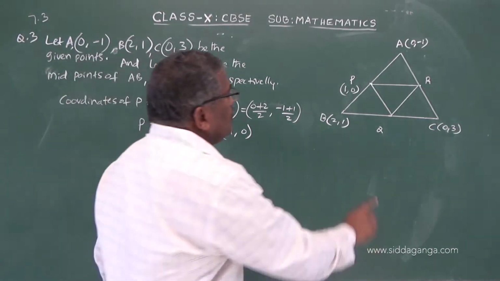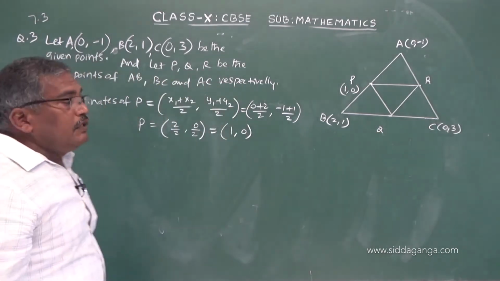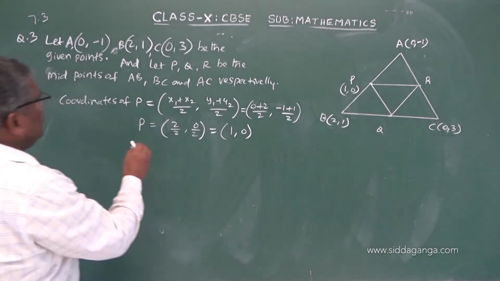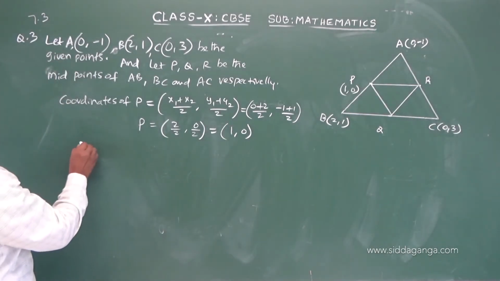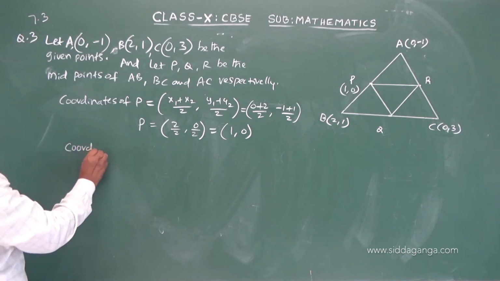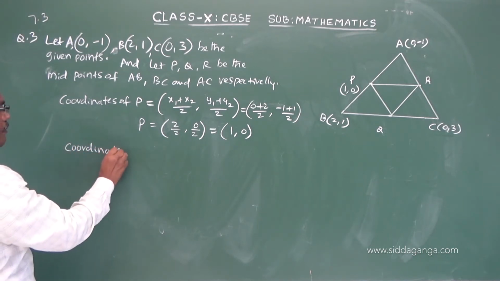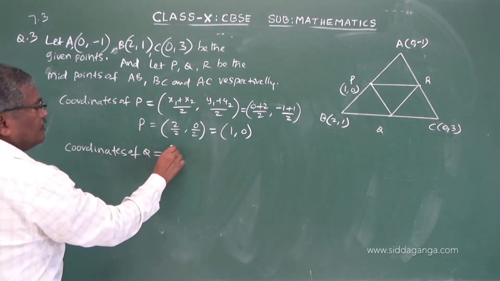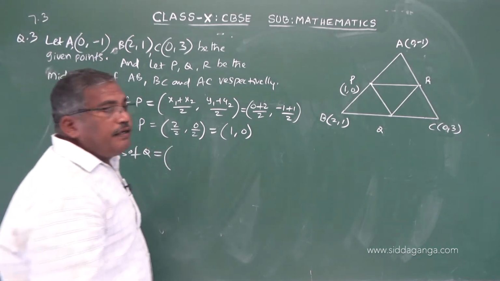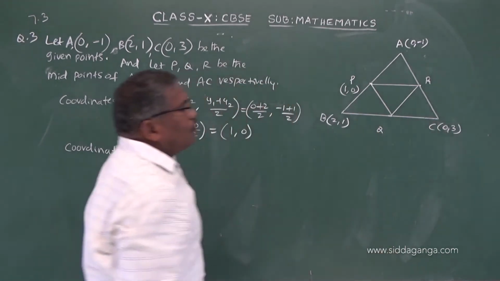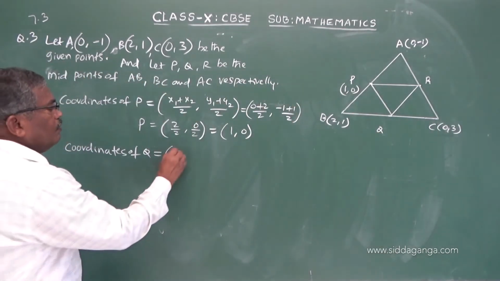Now, calculate the coordinates of Q. So coordinates of Q equals, so apply the formula here, x1 plus x2 divided by 2, 2 plus 0 divided by 2.